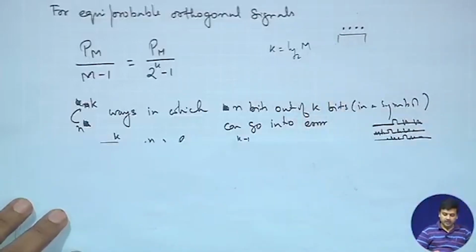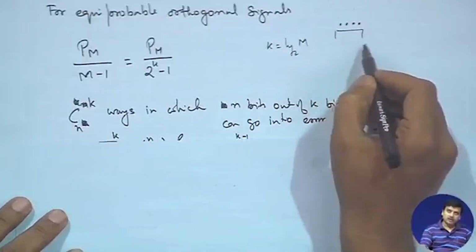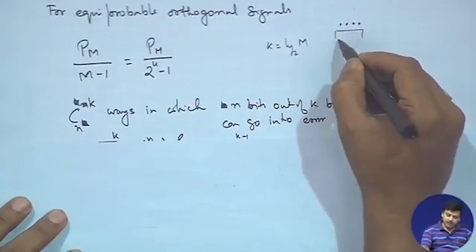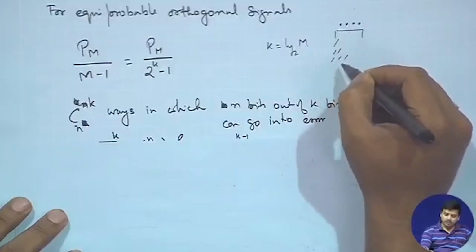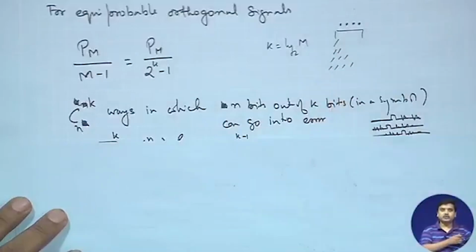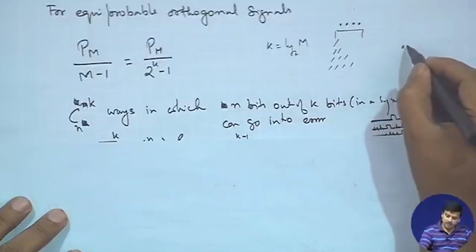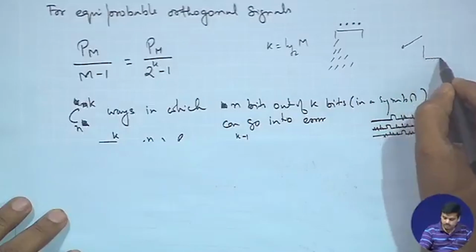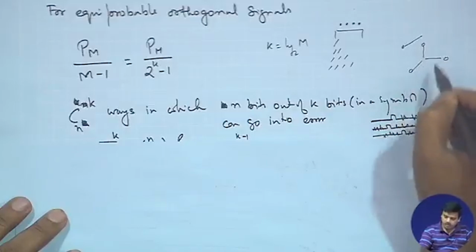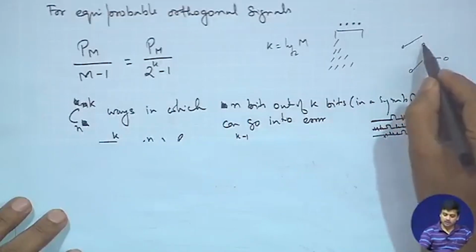So, all what we are trying to do is, a symbol can go into error by 1 bit going into error, or 2 bits going into error, or 3 bits going into error, or 4 bits going into error. So, it is a bit difficult to imagine. Suppose we have constellation points which are these.